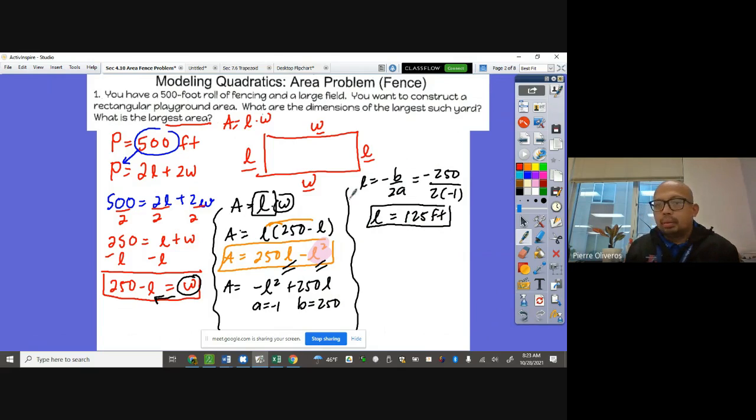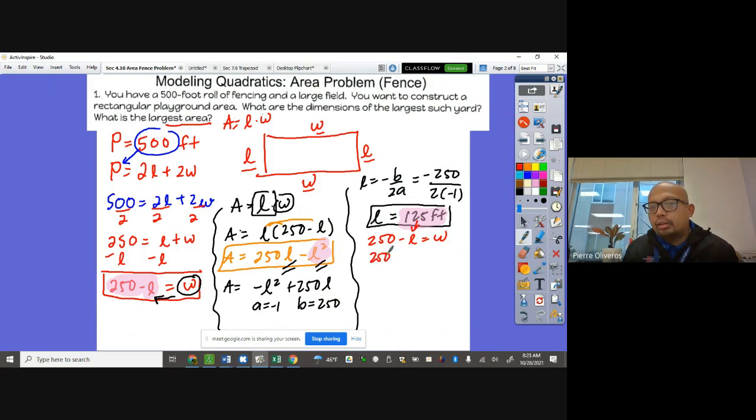Understood? Now, since we found the L, the length is 125 feet, how do you find the width? We're going to plug in this 125, which is your L, to the L right here, because W is equal to 250 minus L. So I'm going to plug in the 125 there.